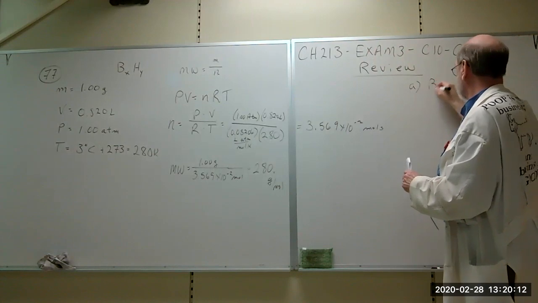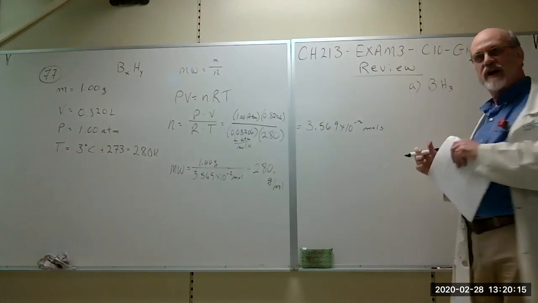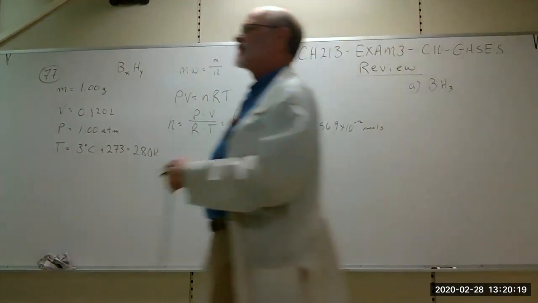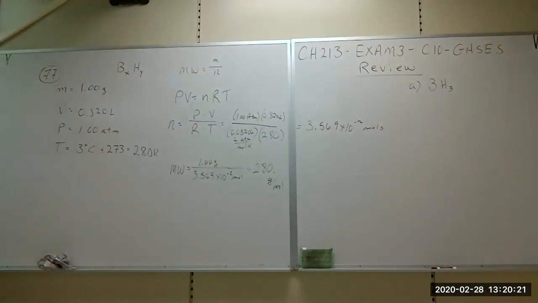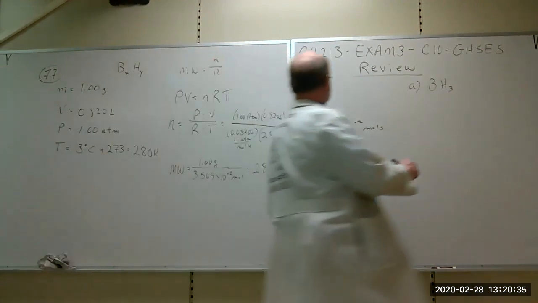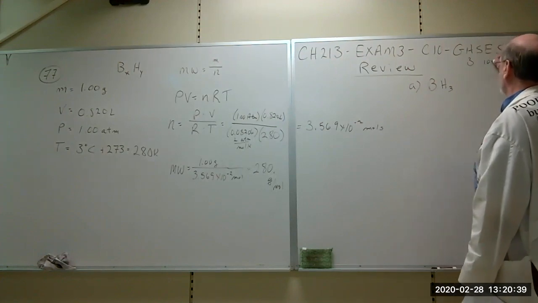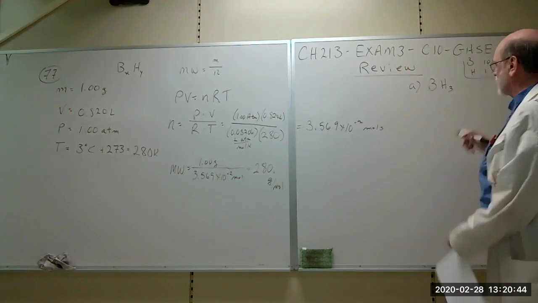First choice, boron trihydride. Okay, so we need to add boron and 3 hydrogens. Let's see, what's boron? 10.81. Yep, 10.81 for boron. Since they're all boron hydrogens, say 10.81, hydrogen 1.01, because we'll need it again.